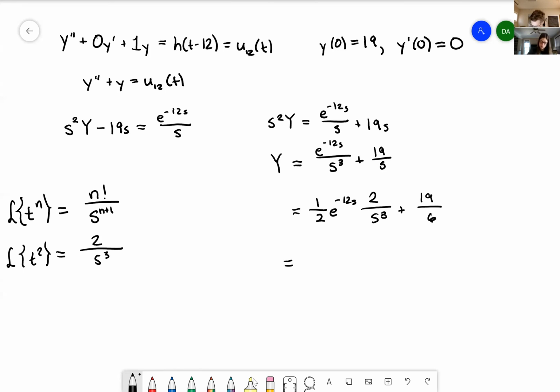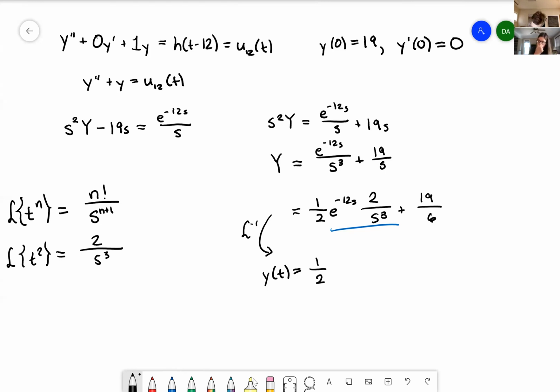So what is this equal to? What is the inverse Laplace? So that will be 1/2 times whatever the inverse Laplace transform of this is. And so we know the inverse Laplace transform of 2 over s cubed is t squared.